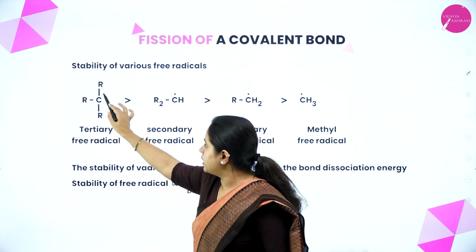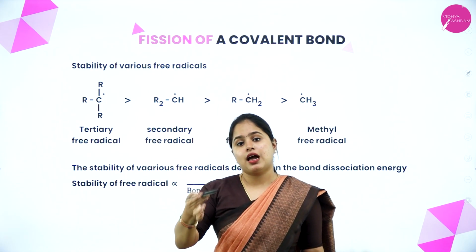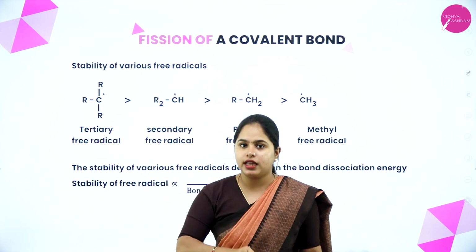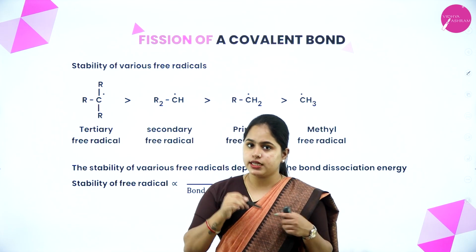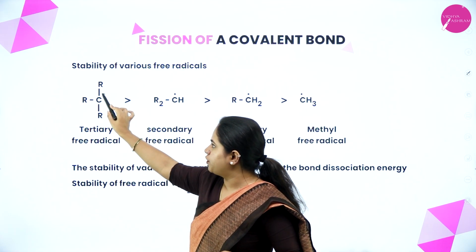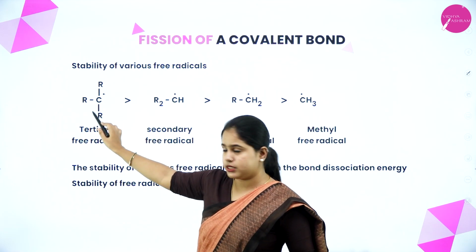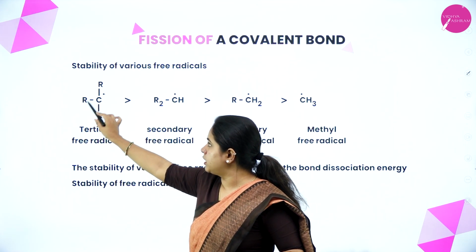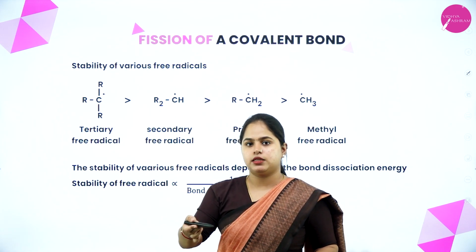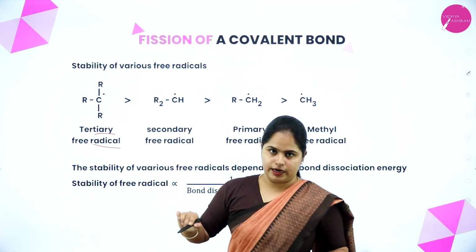The free radical is present on this carbon atom. The carbon atom is further attached to how many carbon atoms? Based on that, you can say it is tertiary, secondary or primary. From here you can see the free radical is on this carbon atom and this carbon atom is further attached to 3 alkyl groups. That means further 3 carbon atoms. So this is a tertiary free radical, right?